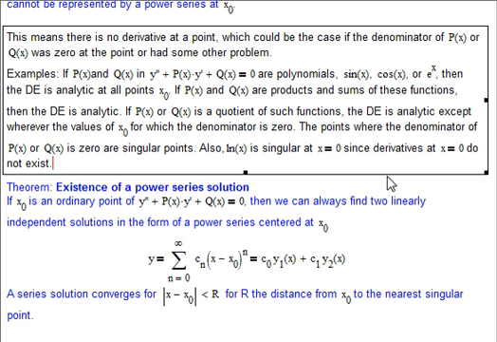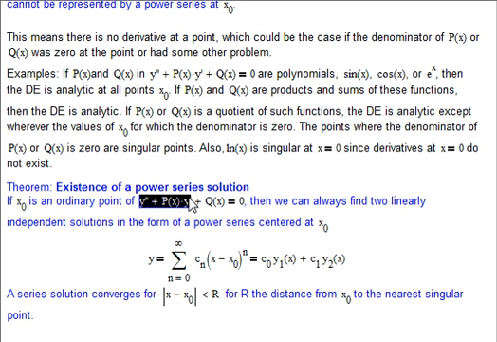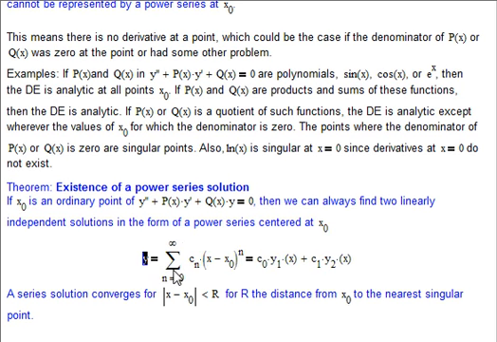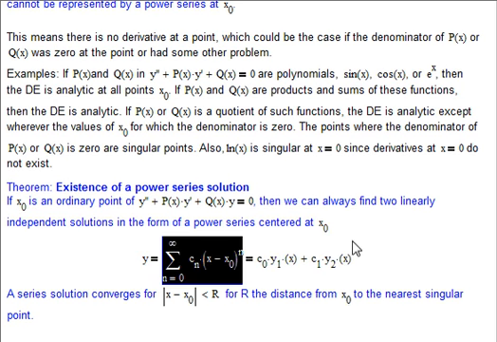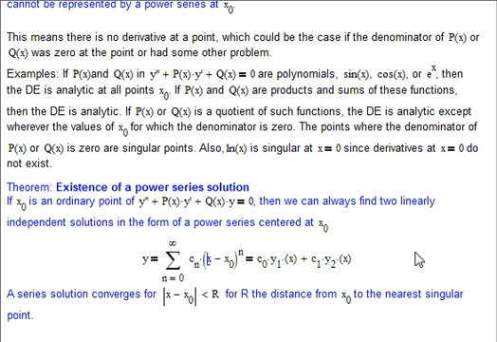So, that said, let's look into the existence of a power series solution. If x0 is an ordinary point of the differential equation in standard form, then we can always find two linearly independent solutions in the form of a power series centered at x0, which is kind of nice. So here's our solution, y equals this, right? But remember this is a second order equation, so we should only have two constants.